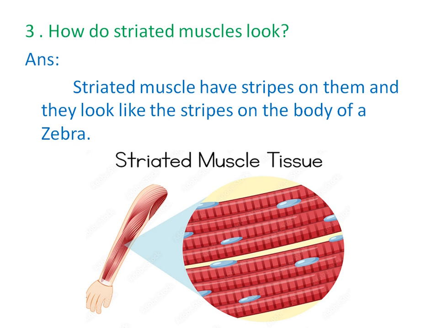Voluntary muscles means they are under our control. For example, striated muscles are present in our arms, legs, hands, and feet. This is more about the striated muscles. And also this picture is an example for the striated muscles.